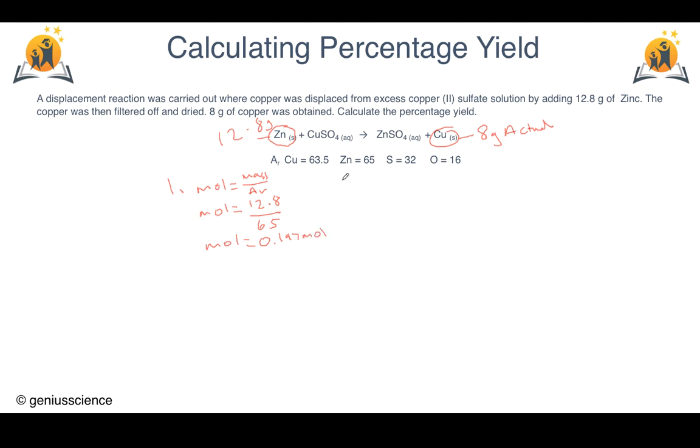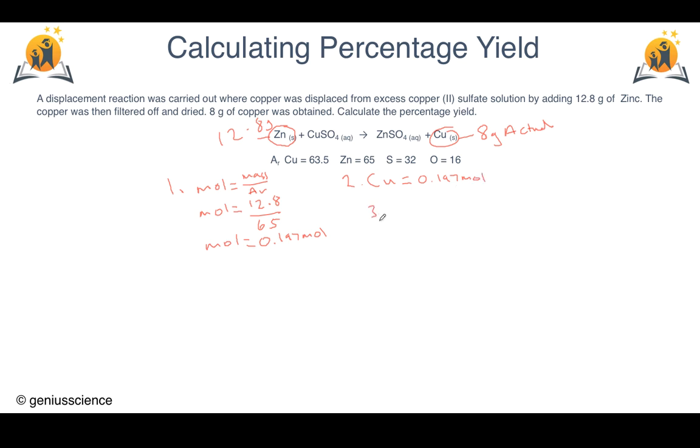Now the next stage, looking at the molar ratio, so look at the balanced equation, they react in a 1-to-1 ratio, so whatever number of moles of zinc you have, we have the same number of moles of copper, so 0.197 moles of copper.